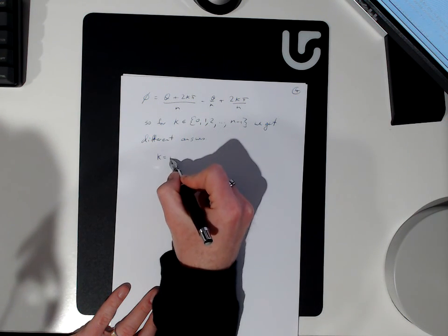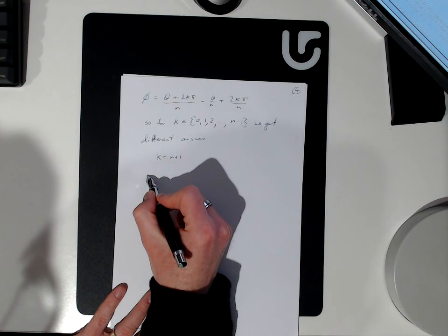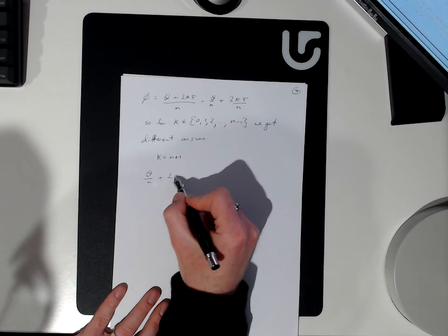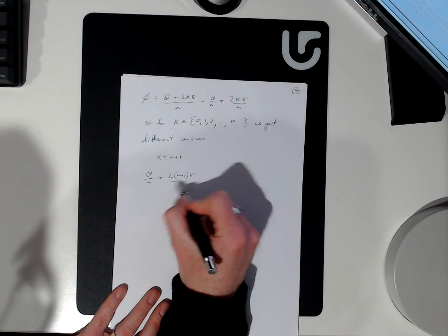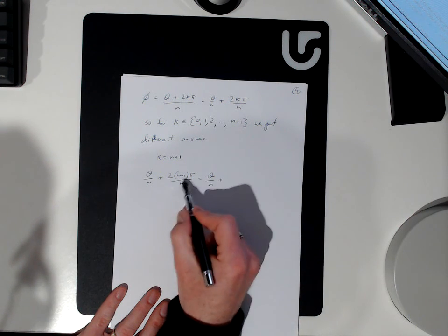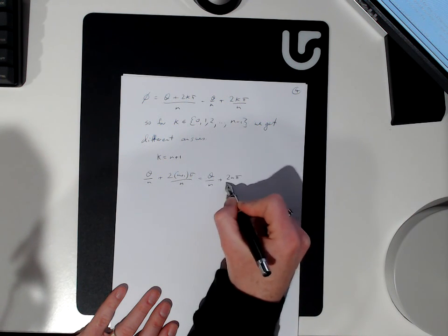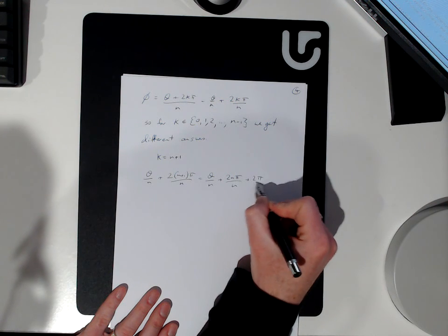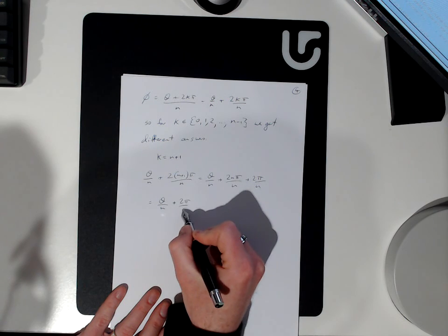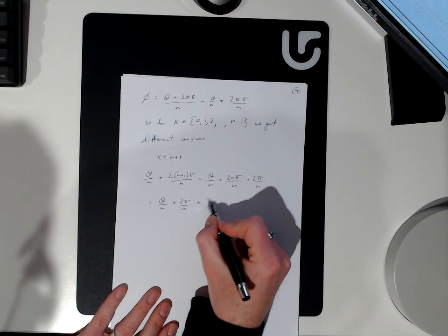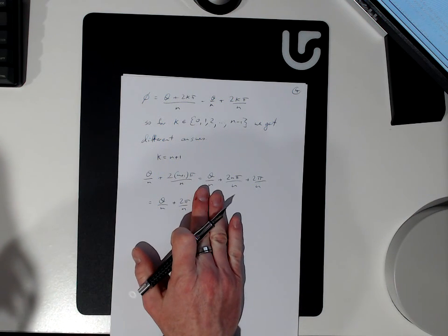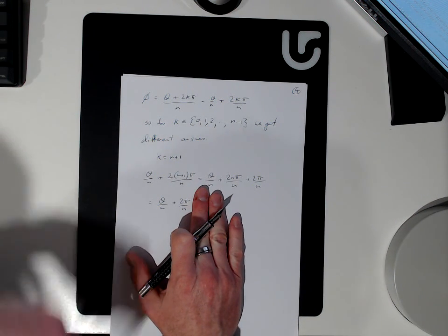If k equals n plus 1, see what happens. We have theta over n plus 2(n plus 1) pi over n, which splits out into theta over n plus 2n pi over n plus 2 pi over n, so theta over n plus 2 pi over n plus 2 pi. This is what happens when you plug k equals 1 into here.